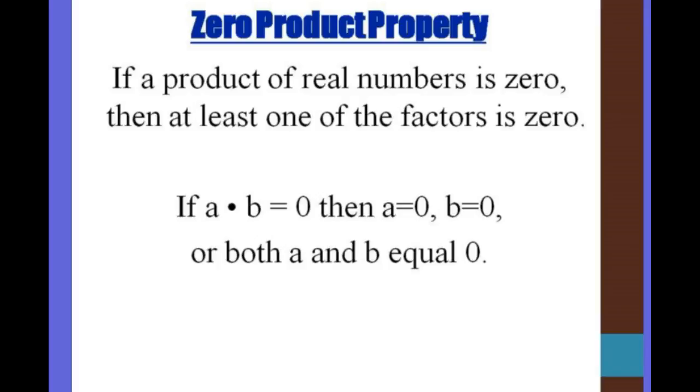If I multiply 2 parentheses together and it equals 0, then one of those sets of parentheses has to be 0, or both have to be 0.